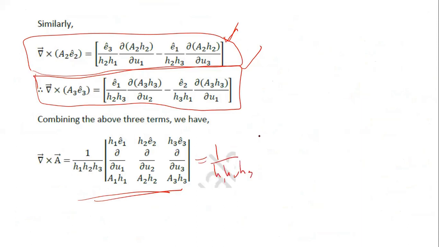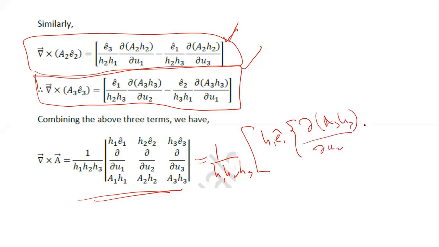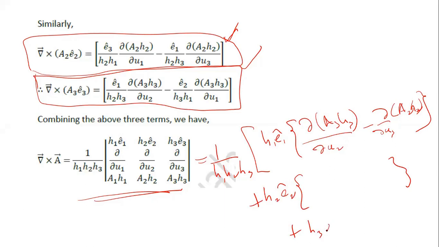The first term will be h1 e1 cap into del of a3 h3 upon del of u2 minus del upon del u3 of a2 h2, plus h2 e2 will be the second term. Just like that, you can calculate yourself. And h3 e3.